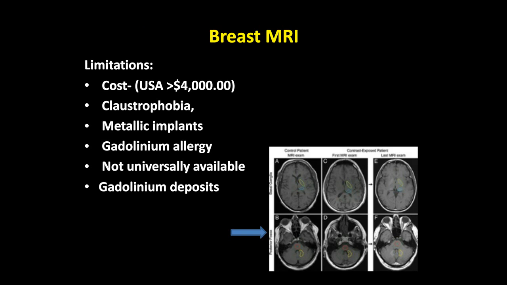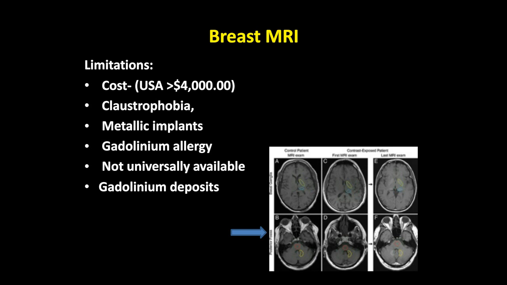However, MRI has its limitations. In the United States, it's extremely expensive. Patients are claustrophobic and don't enjoy the experience. Women with metallic implants or gadolinium allergy are unable to have MRI.